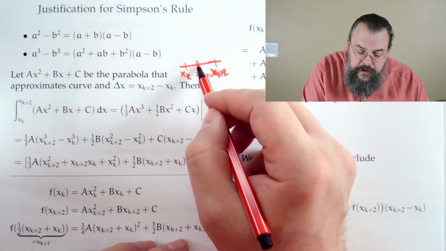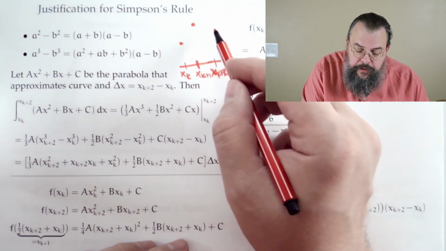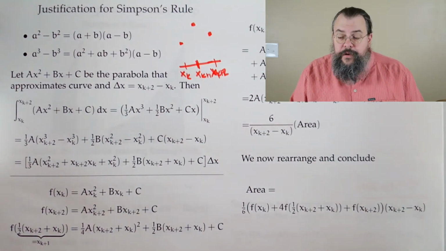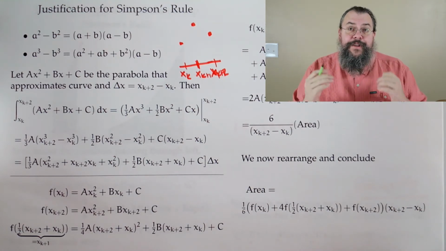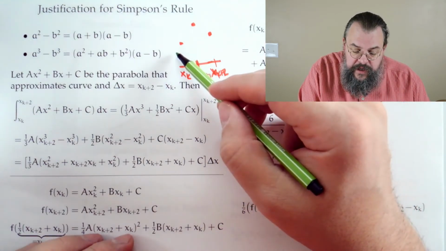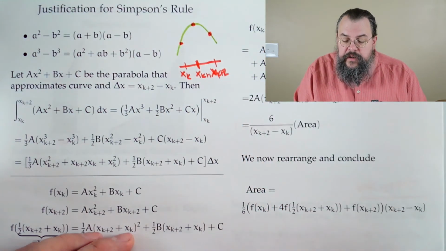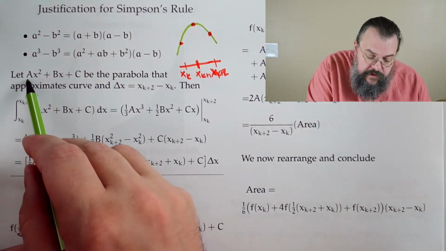Imagine those are equally spaced, and we have our 3 data points. There is some unique parabola that will pass through those 3 points. One does exist. And so we have such a parabola, and we say it's this one. This is the right parabola.